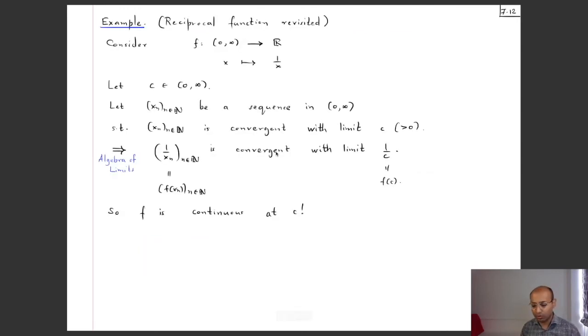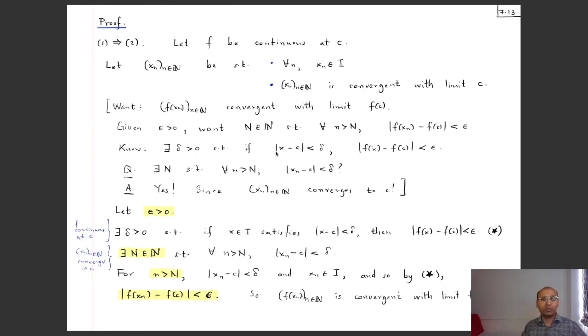Okay, so let's see how to do that. So we are proving the part 1 implies 2. So I know that the function is continuous at c, and given any sequence xn in this interval such that xn converges to c, what I want is f of xn converges with limit f of c.